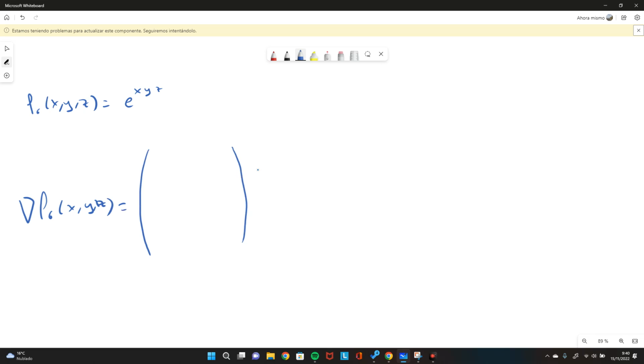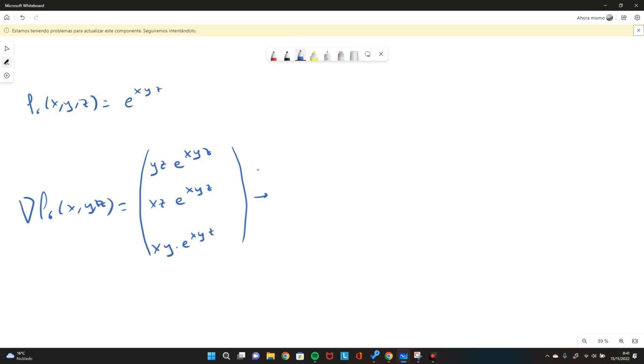In the first case, yz times e to the power xyz. Of course, whatever is not the variable comes down because that's the derivative. Here is xz times e to the power xyz, and here is xy times e to the power xyz.